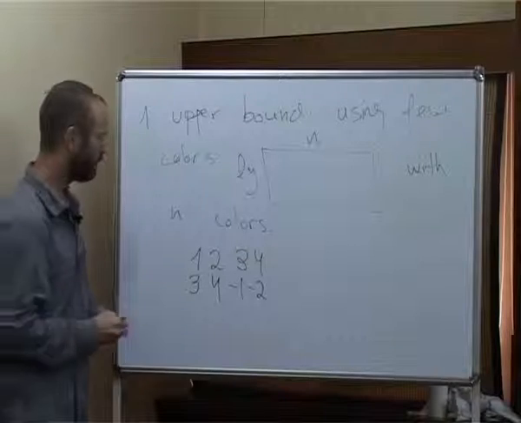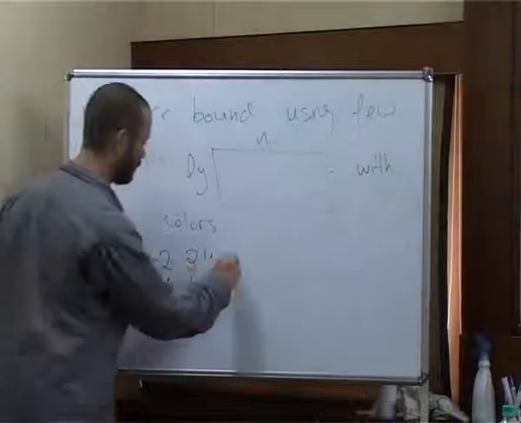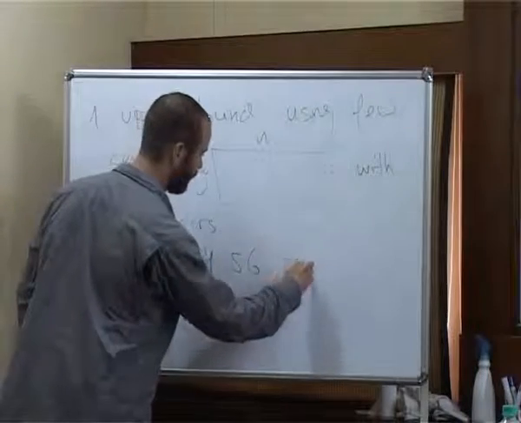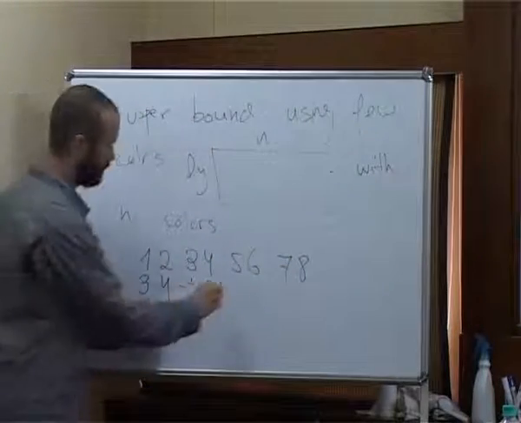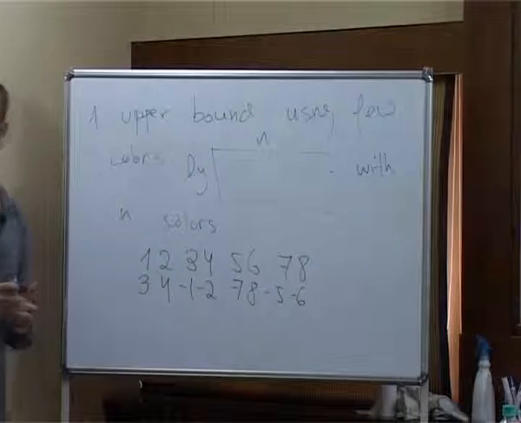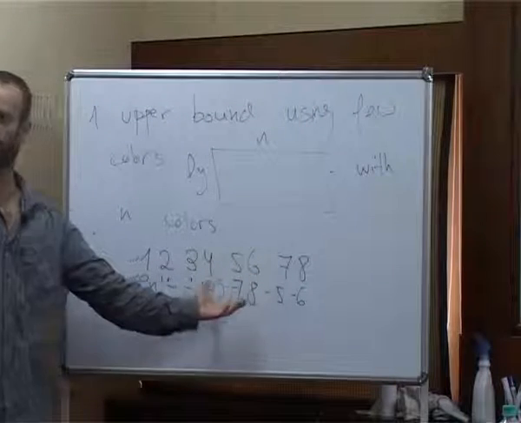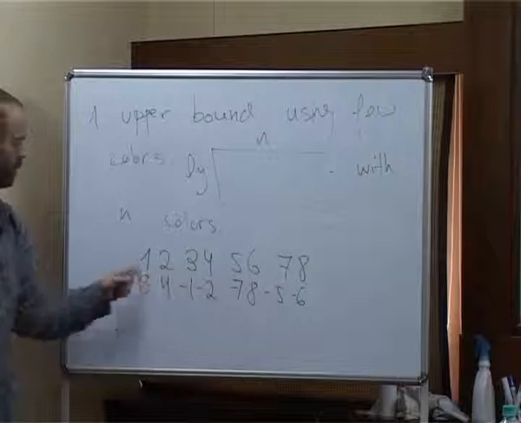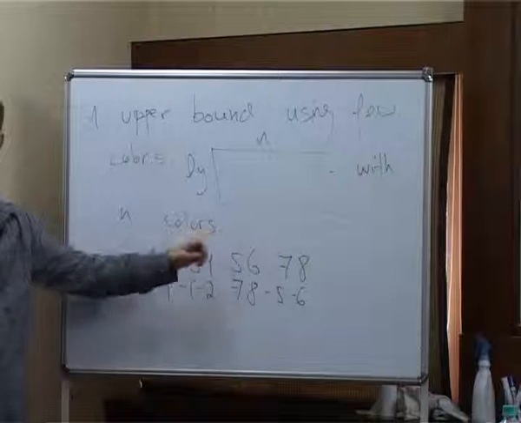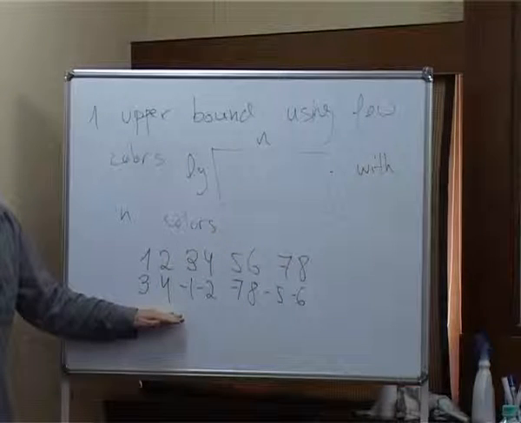We do it again. We take all of this and use completely new colors. So it's 5, 6, 7, 8, and this is 7, 8, and -5, -6. I just took what we had so far, moved it, and duplicated everything. So 1 became 5, 2 became 6. Now we want to add 1 more row.